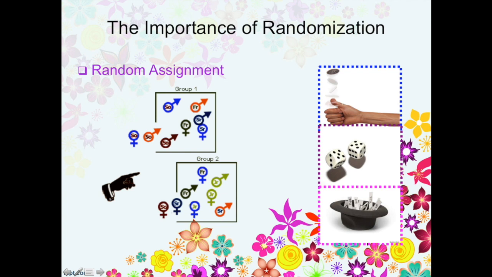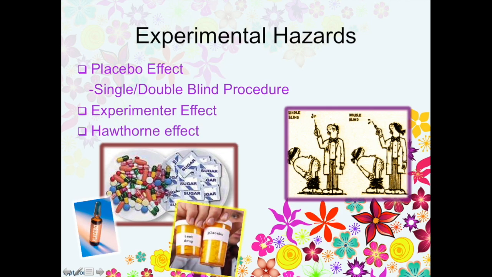So then random assignment really gives researchers an equal chance that participants will be comparable across experimental groups or conditions, and that all characteristics would be represented kind of equally in between the groups, so in the experimental group and the control group.